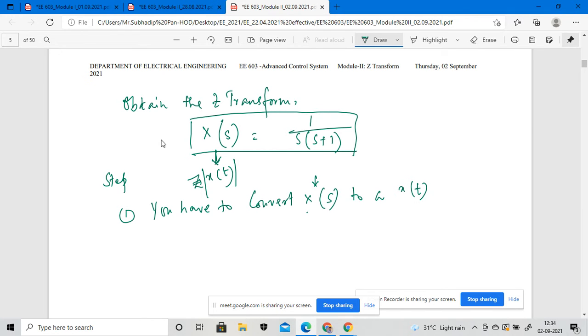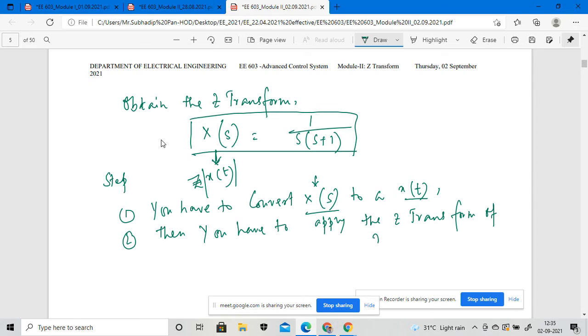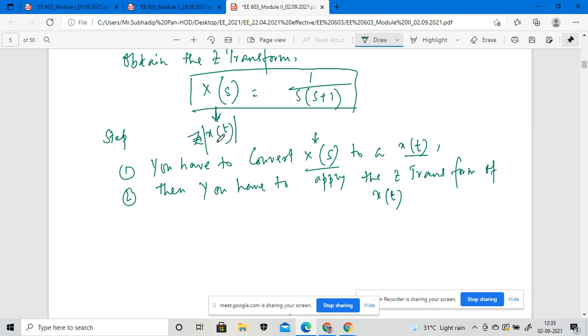That means first you have to convert the X of s to X of t, then you have to apply the Z transform of X of t. This is the one approach, one procedure you can do.